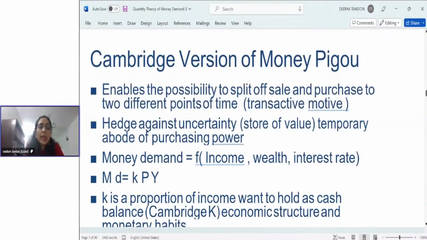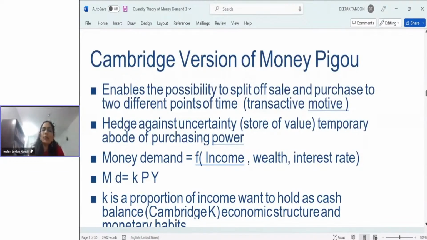So the Cambridge version of money given by Pigou says that people go for store of value because they want to minimize their risk of uncertainty in future. So people split their transactive motive into two components: one is for sales and the other is for purchase.